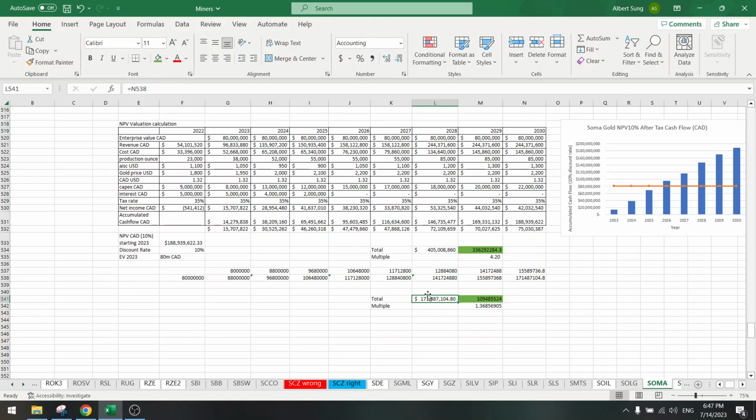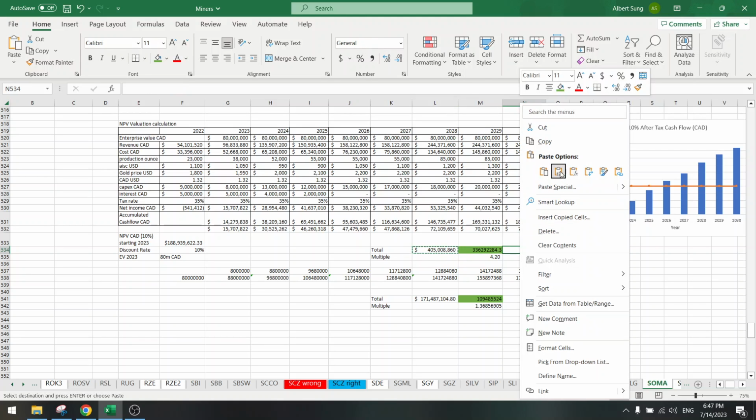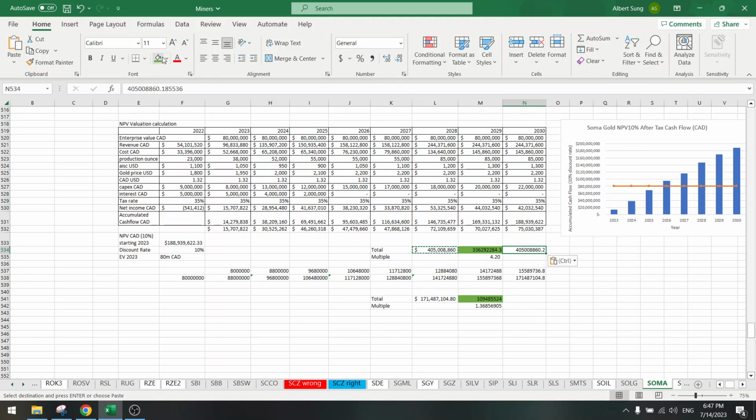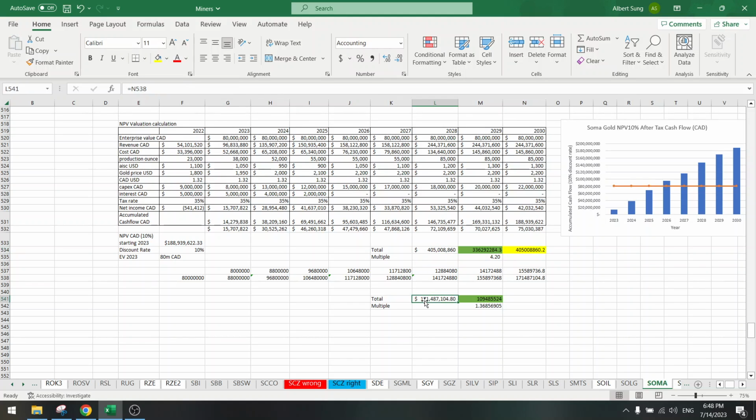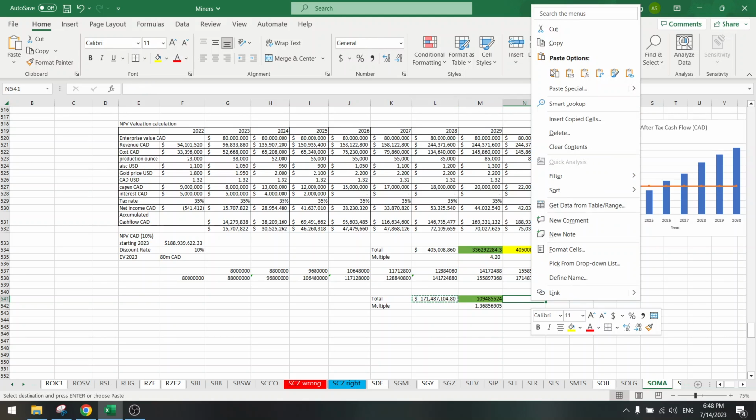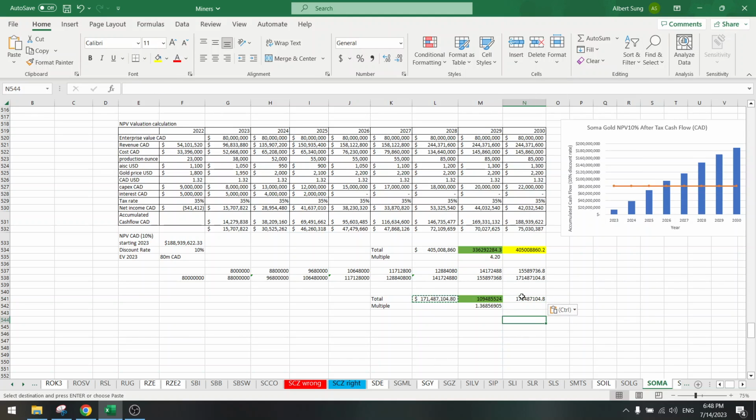Okay. So let's put this number here. Make it another color. And let's put this number here. Make it yellow. And our multiple is now 2 times.